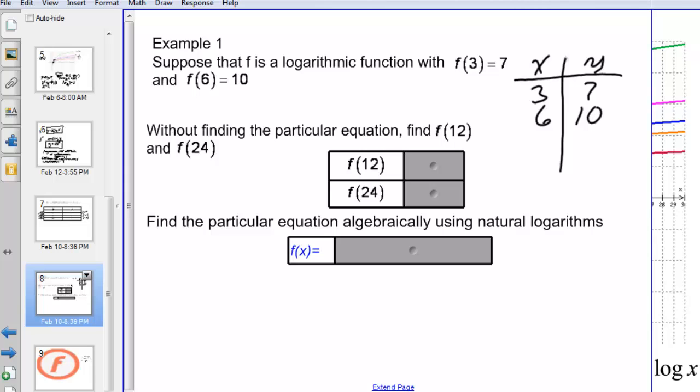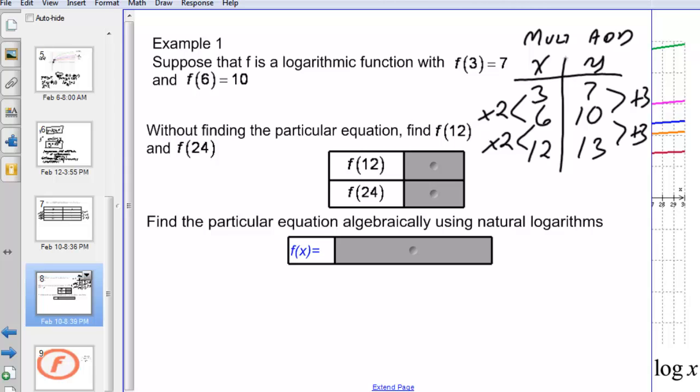So since I know it's a multiply add, I look and I see here I multiplied by 2, and when I multiplied by 2, my y values increased by 3. So if I want to find 12, that's another multiply by 2, which means I should add 3 again, which would give me 13.